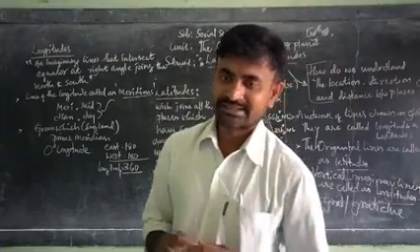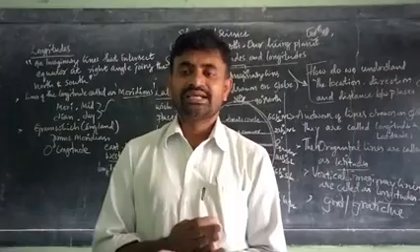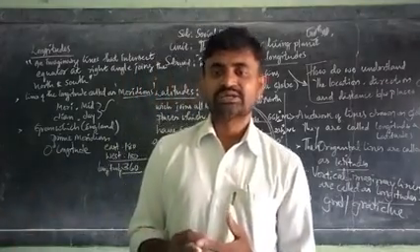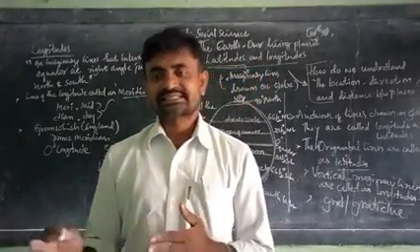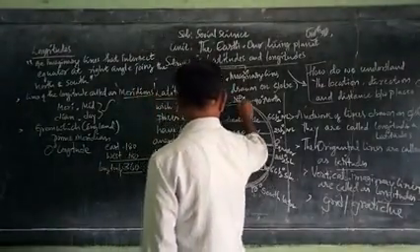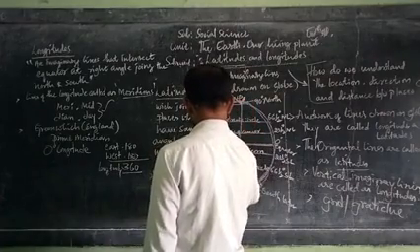Dear students, the zone between the prime meridian and 180 east longitude is called the eastern hemisphere.